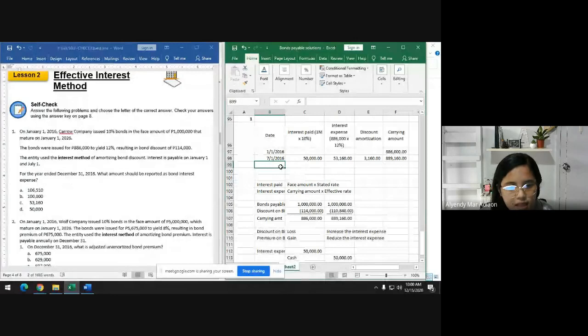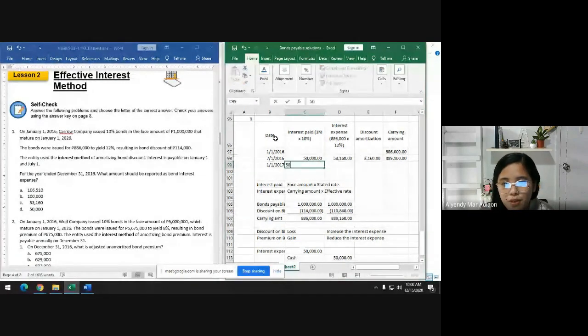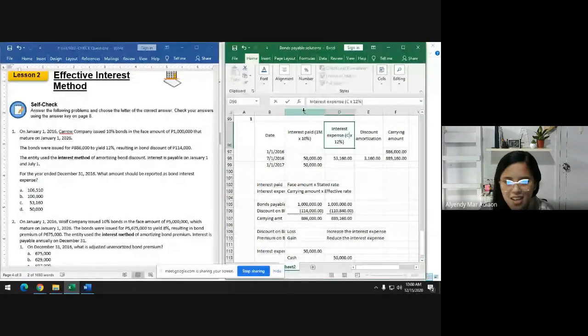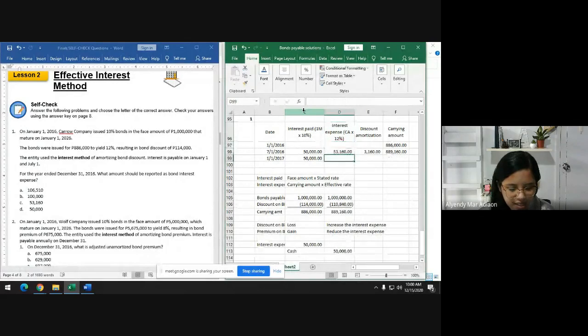Okay, and then for December 31 or January 1, 2017, which is the same as December 31, 2016, the interest paid is equal, 50,000, with the same computation. But for the interest expense, we no longer use 886,000. It will be based on the latest carrying amount.